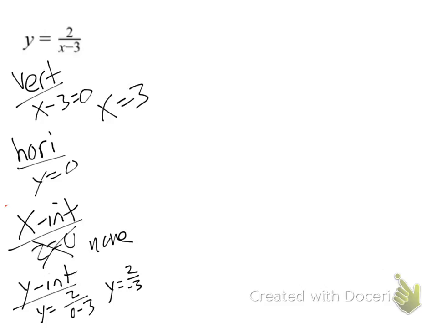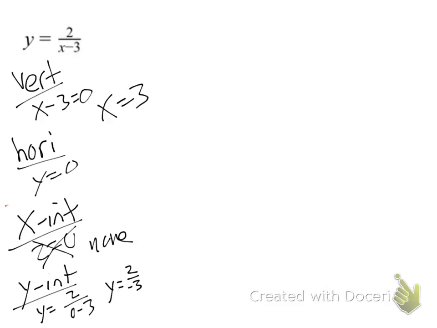Now, wait a minute. If I actually tell you an x-intercept and y-intercept, I'm not talking about x equals or y equals, because x equals and y equals are lines. If I want to know an x-intercept, I actually need to know the point. What is the point associated with y equals negative 2/3? What did I put in?